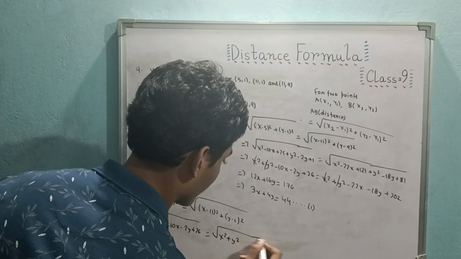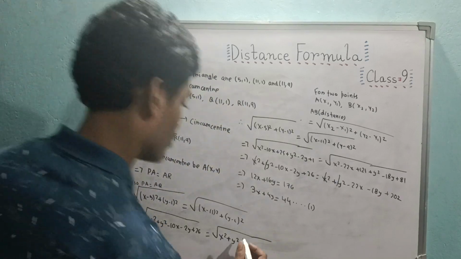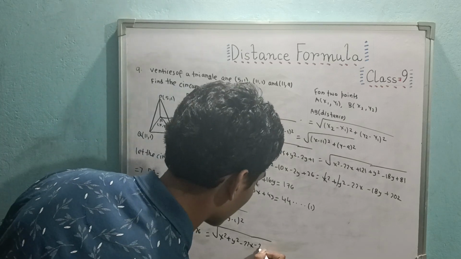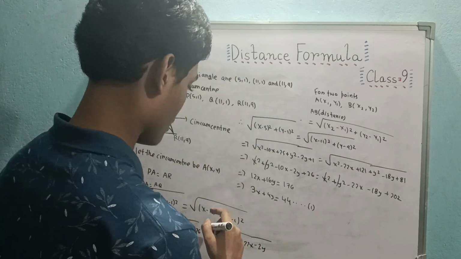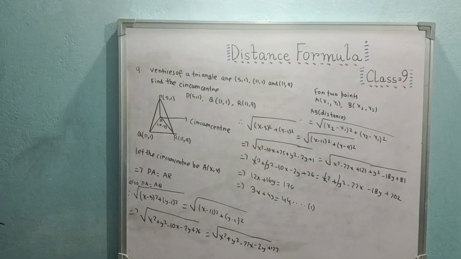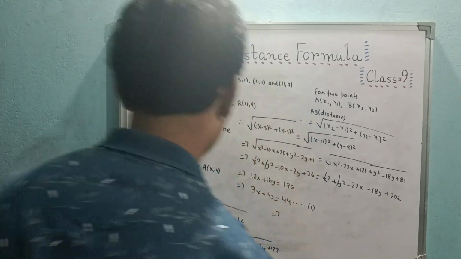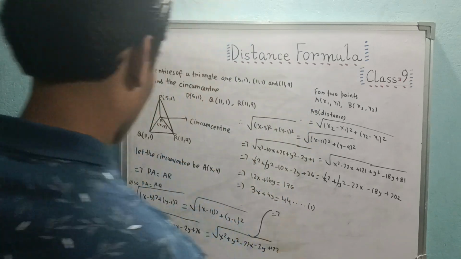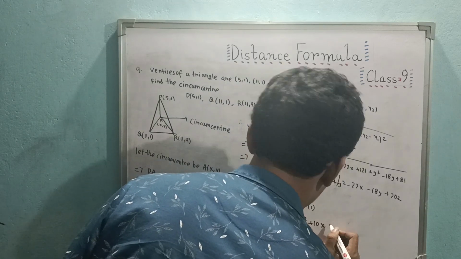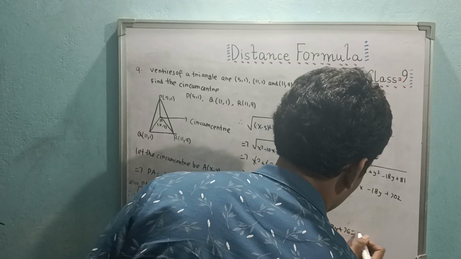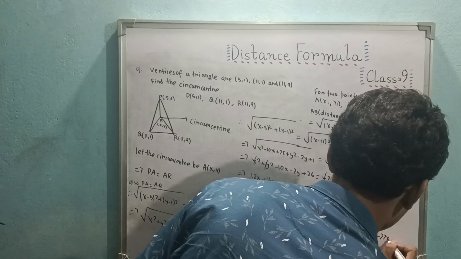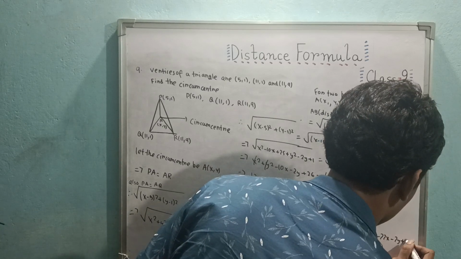See how easy it is. 121 plus 1, 122. Then square both sides. So squaring both sides, x square plus y square plus 10x minus 2y plus 26 equal to x square plus y square minus 22x minus 2y plus 122.